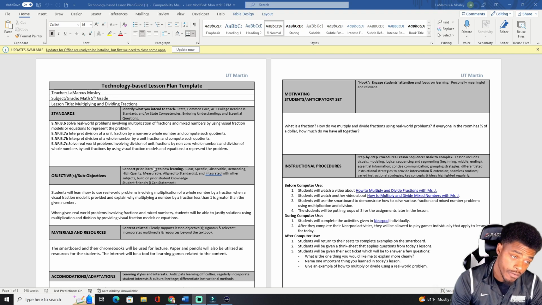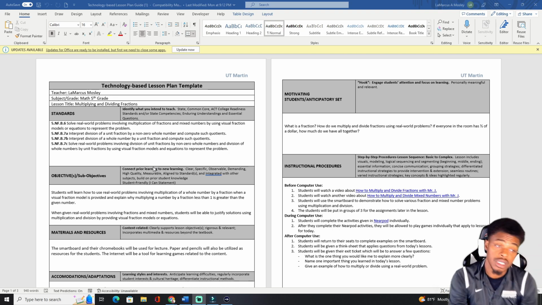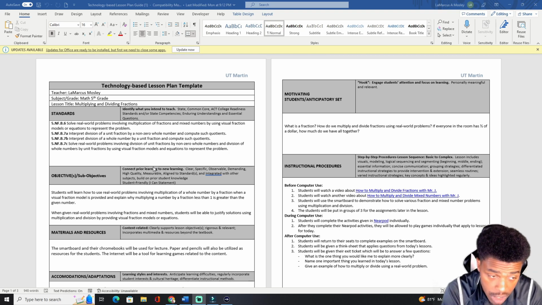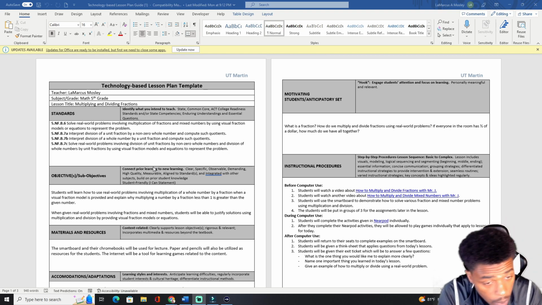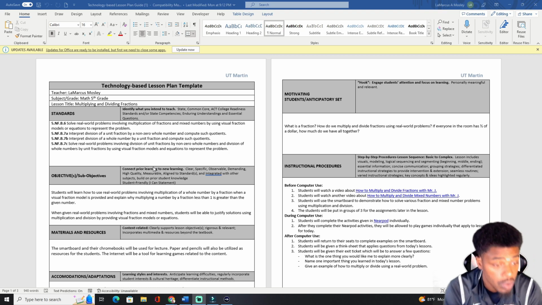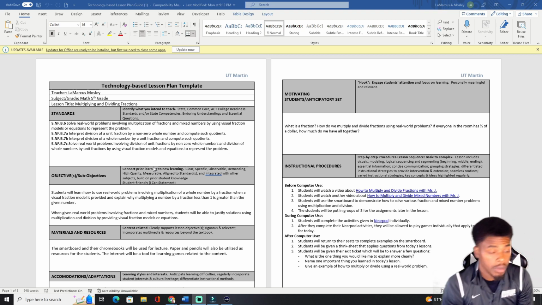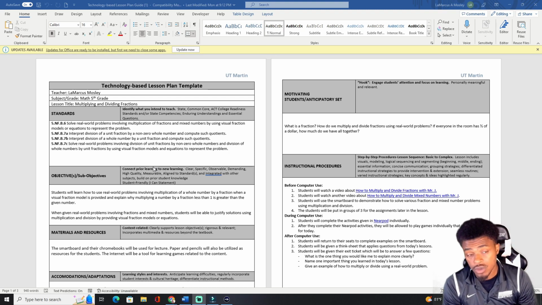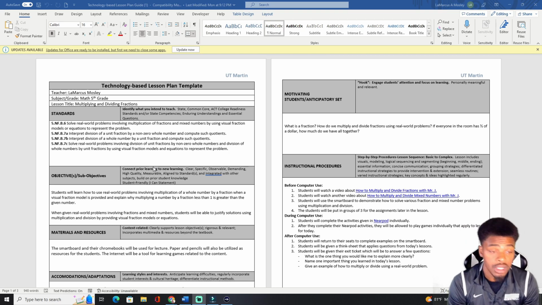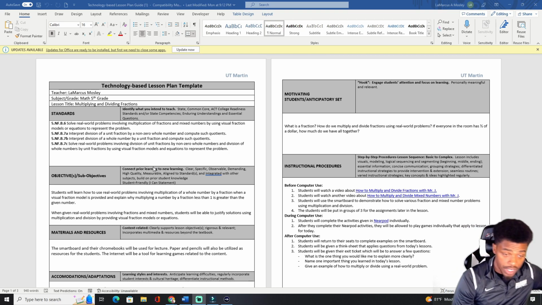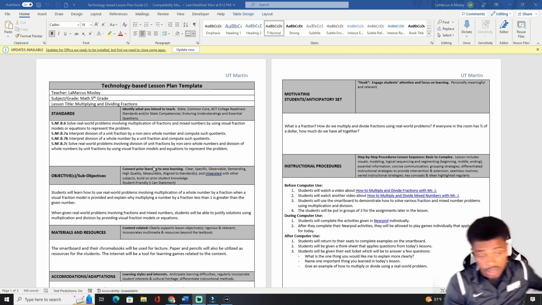The standards are 5 NF.B.6 and 5 NF.B.7a through 7c. We will also be given real world problems involving fractions and mixed numbers. You will justify solutions using multiplication and division by providing visual fraction models or equations.